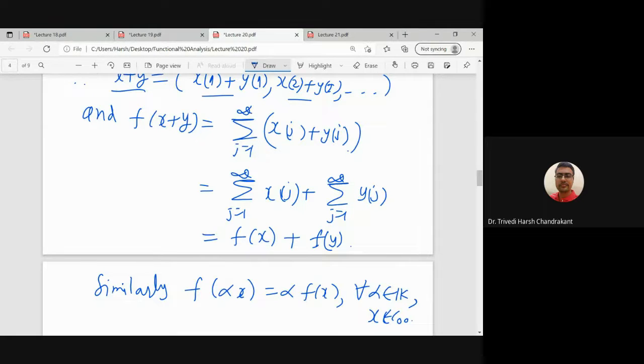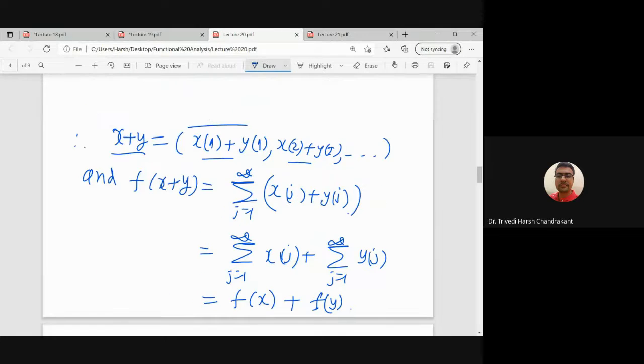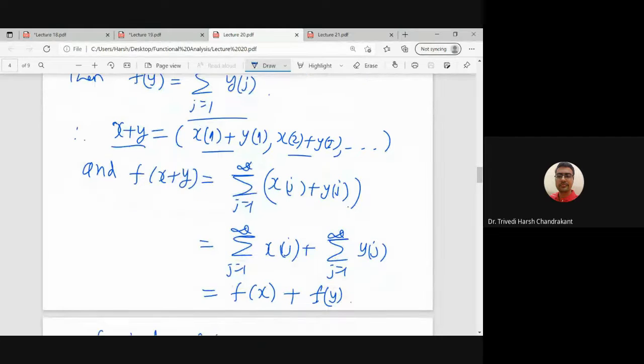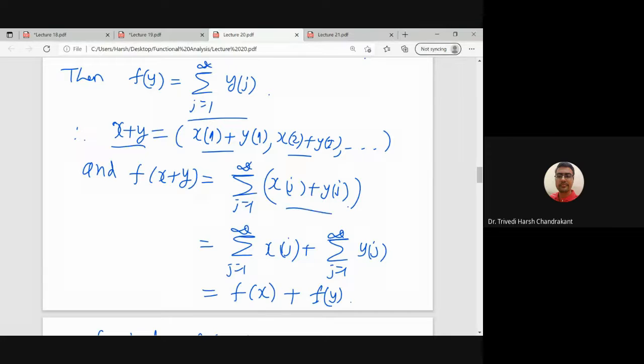I always say the second property is similar, but you should try to prove it. And it is not difficult. Here we are using the property that the series of the pointwise addition is the addition of the series.